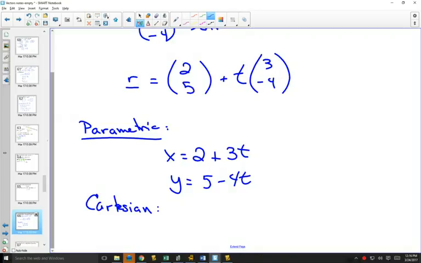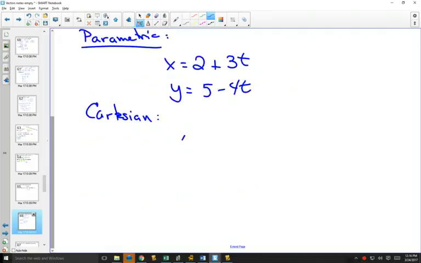The Cartesian form is where you say, if I solve for t, in my first equation, I would subtract 2, then divide by 3. In my second equation, I'd subtract 5, and then divide by -4. And then equating those two, that becomes your Cartesian form. This is what this question asked for.